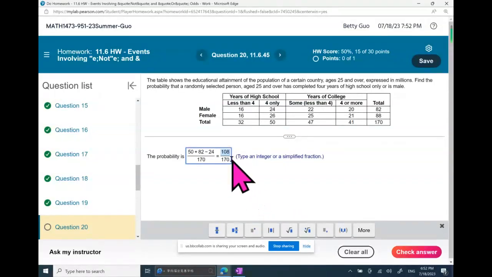And I'm going to use a calculator to simplify. 108 over 170. I got 54 over 85. So only 2 as GCF, and this is 85.